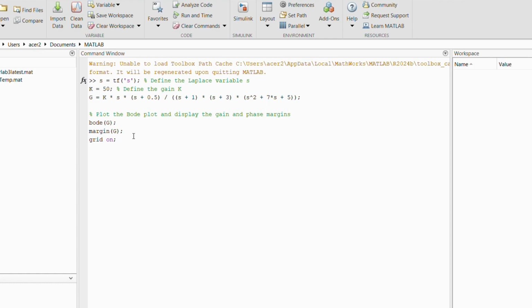And then we type bode(g), to generate the Bode plot, and margin(g), to display the phase margin and the gain margin, and grid on to add grid lines for better analysis.